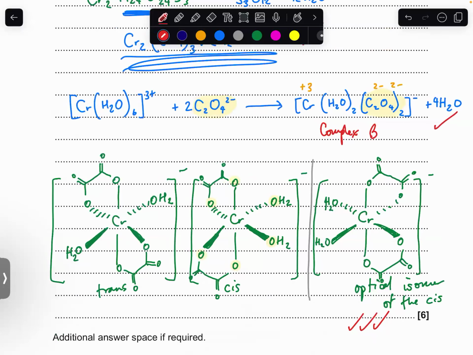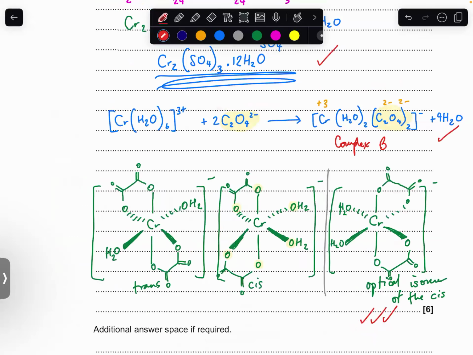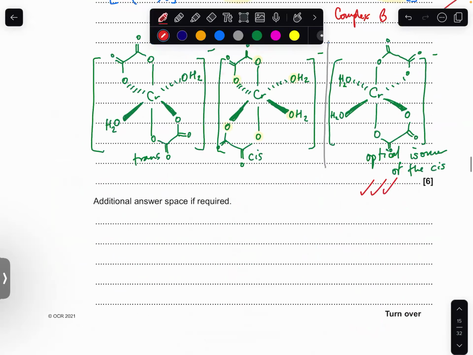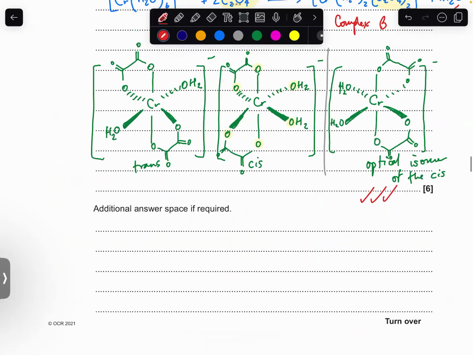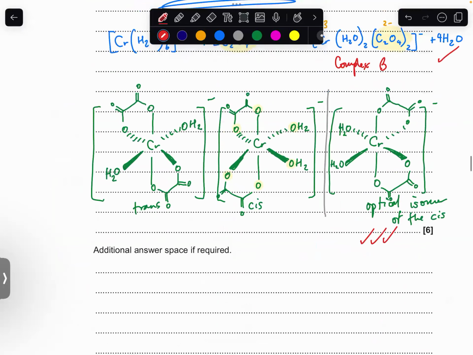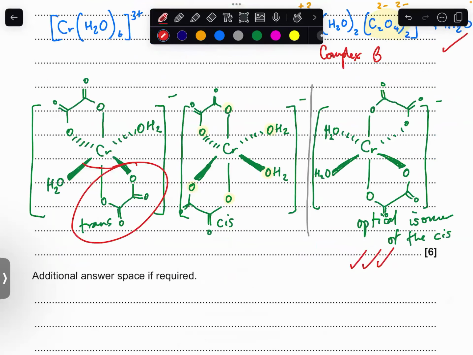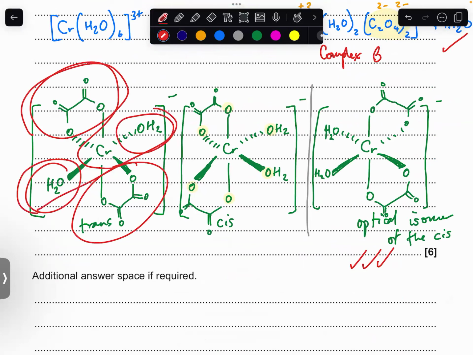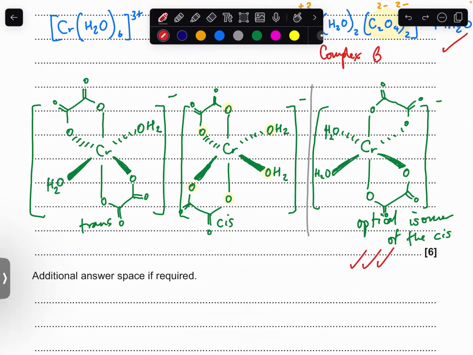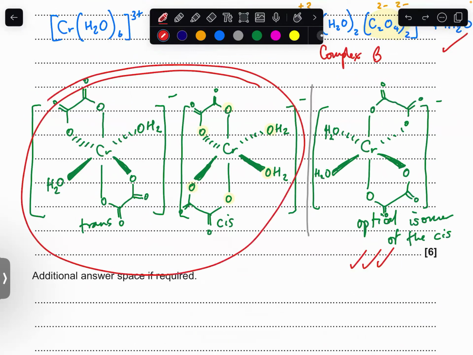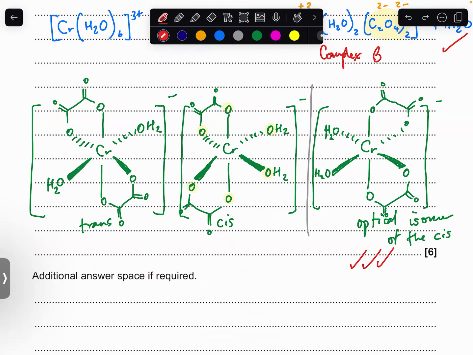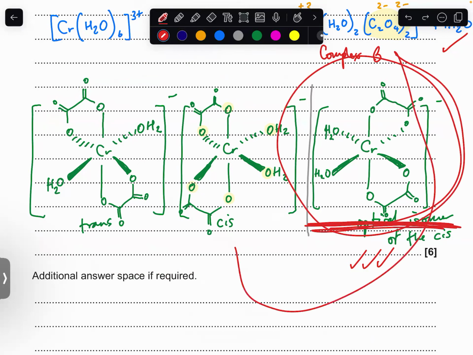The rule is, just to emphasize the last point, when you've got 2 bidentate ligands and 2 monodentate ligands, it gives rise to 3 different isomers, 2 of which are stereoisomers, and the third one is an optical isomer of the cis version.